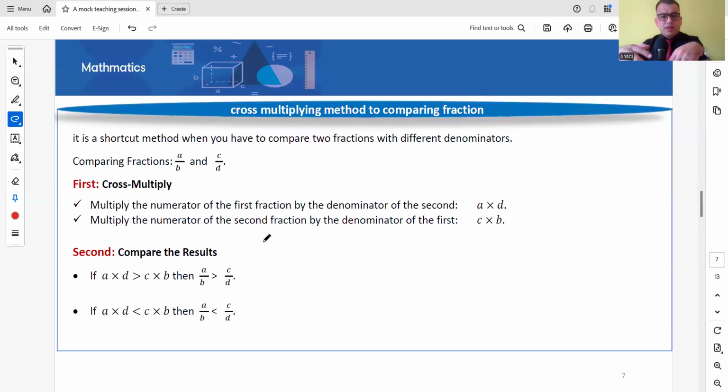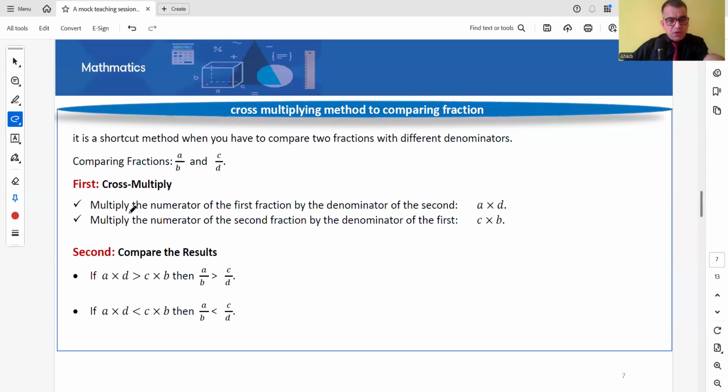Yes, in this part, this cross multiply method to compare fractions is a very nice shortcut method for comparing fractions with different denominators. Generally, we consider these two fractions, a by b and c by d, and we apply these steps.